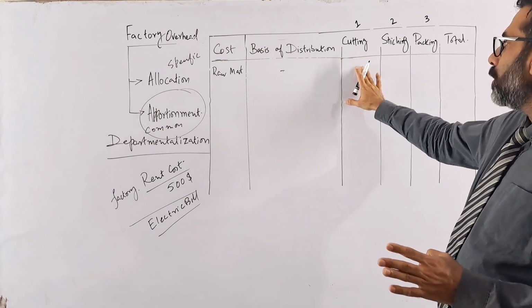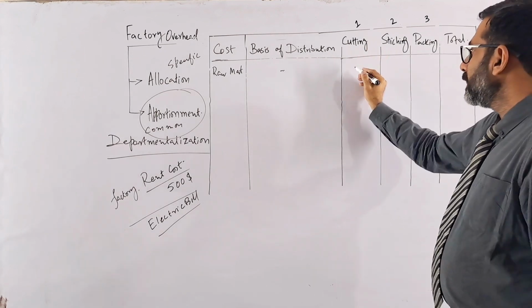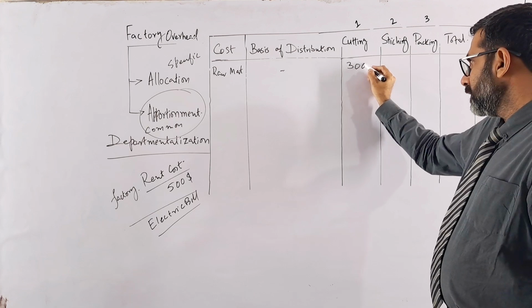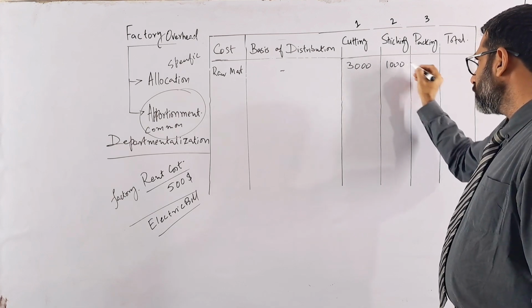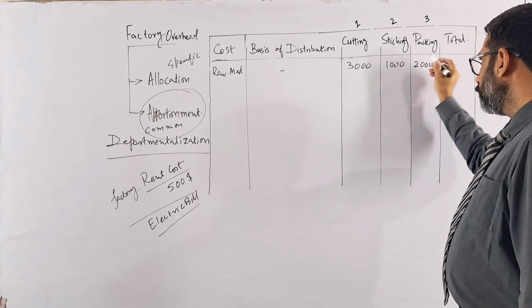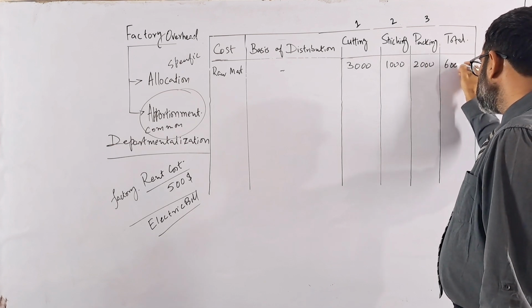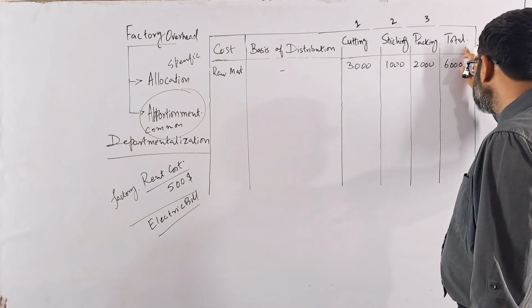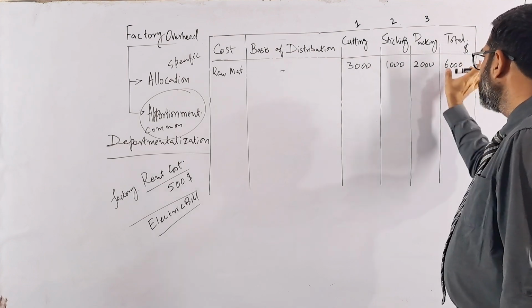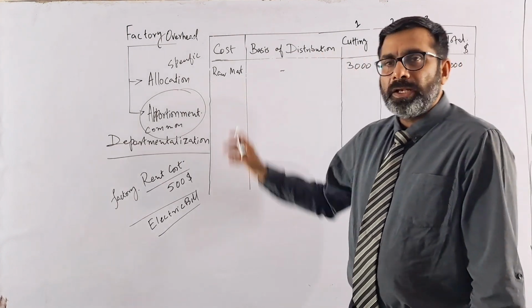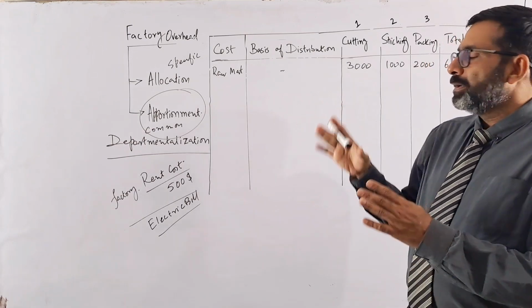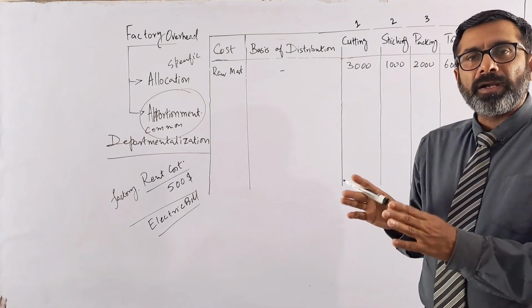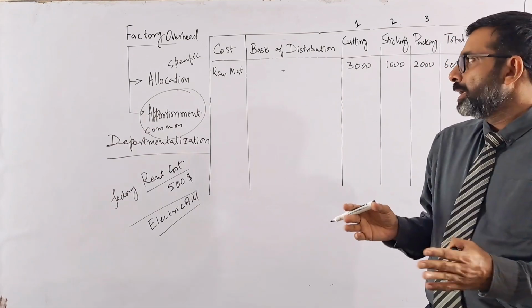Okay, now the cost of the cutting department, we just say that it is 3,000, this is 1,000 direct material, here it is 2,000, and the total is 6,000. All these amounts are in dollars. This is the amount of the raw material or the direct material, and for each and every department we know how much is the direct material.